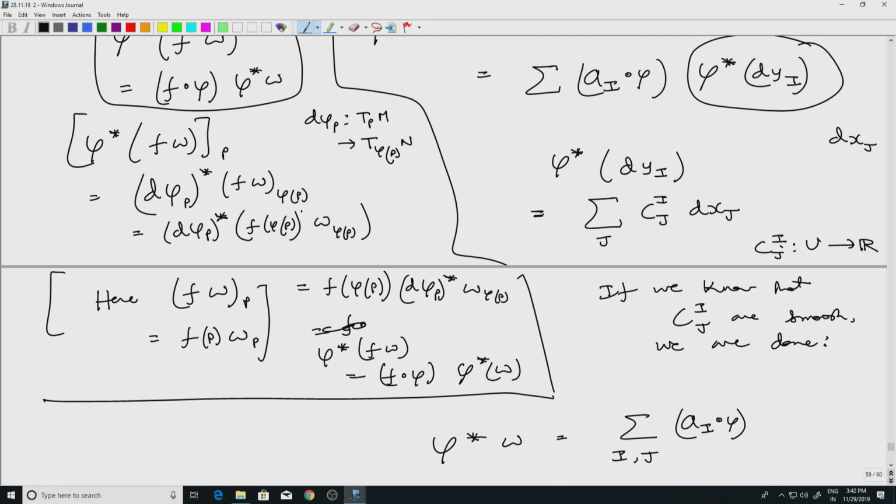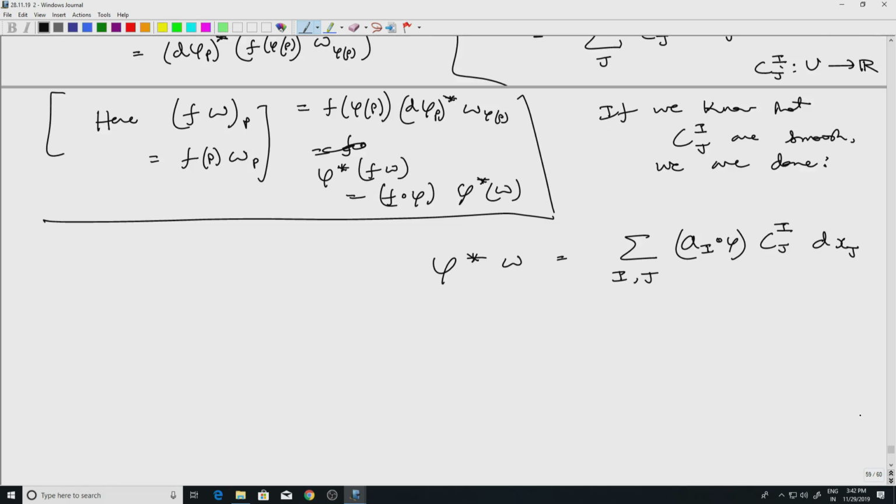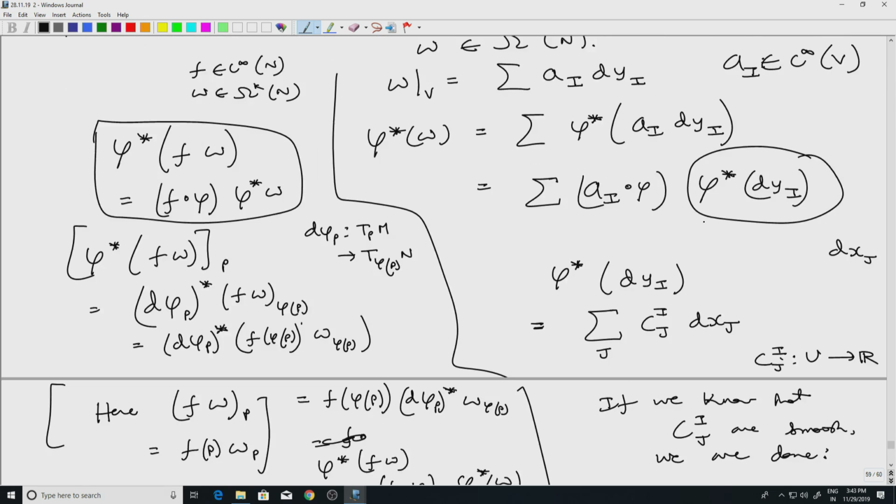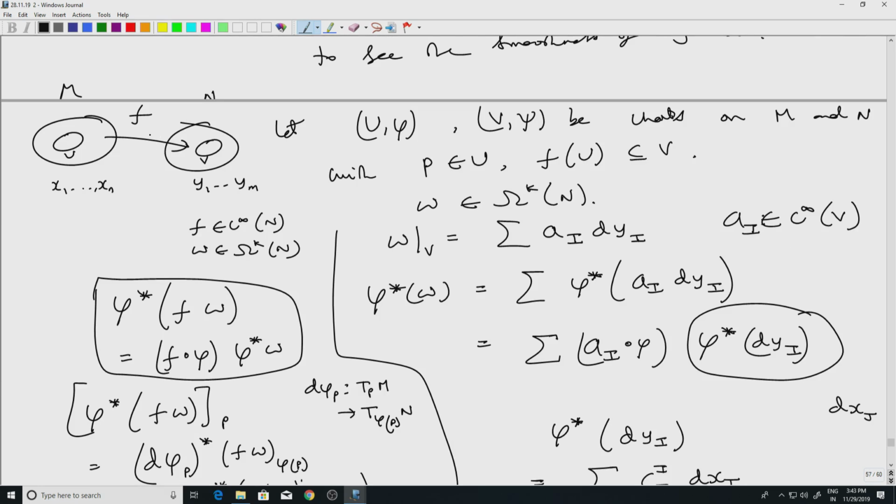There is also this c_IJ dx^J. Now, as I said, if we know that the c_IJ are smooth, then this is smooth. Well, a_I composed with phi is smooth because the map phi between manifolds is by assumption smooth.